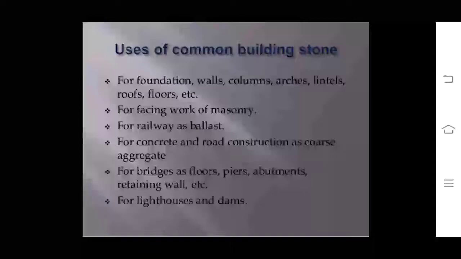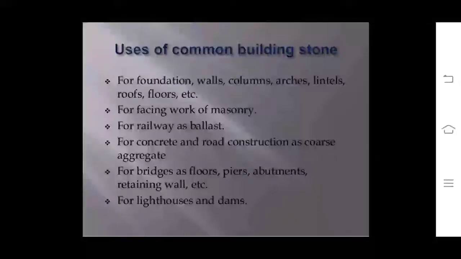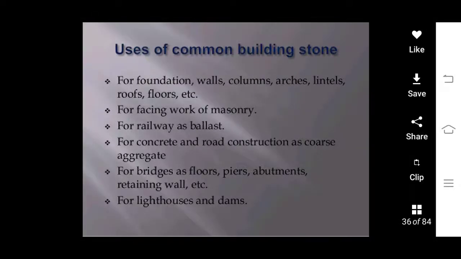The stones are used for various purposes in building construction: for foundations, walls, columns, arches, lintels, roofs, floors, etc. For facing work of masonry for aesthetic aspect, for railways as ballast, for concrete and road construction as coarse aggregate, for bridges as floors, piers, abutments, retaining walls, etc. For lighthouses and dams as retaining structures.